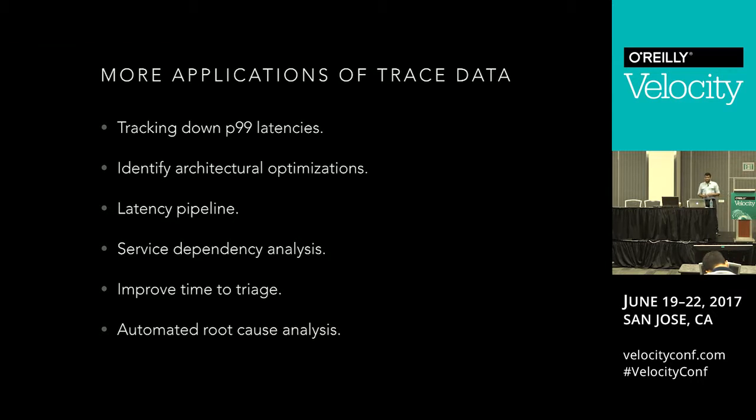The other application in production we found is identifying architectural optimizations. Generally, these are really hard to do. So here are a few things we observed from the trace I showed you earlier. The first thing we noticed is we were making the call to render the ads somewhere between 100 to 200 milliseconds after we get the request.